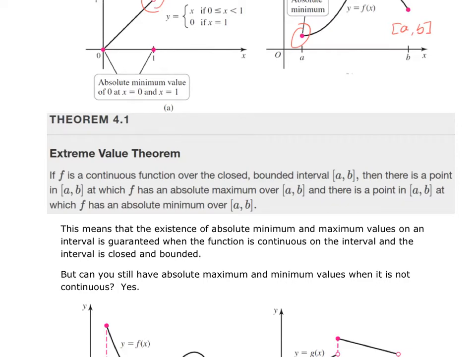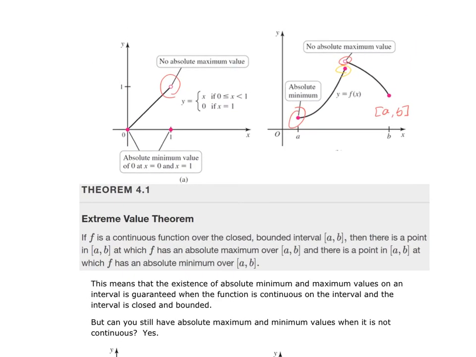So if we take a look at our previous two examples, they're both bounded, they're both closed, but neither one of them is continuous. Bounded means that I'm not going to go up forever or go down forever.